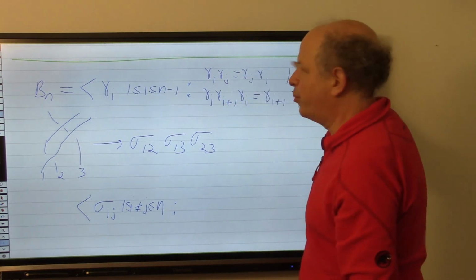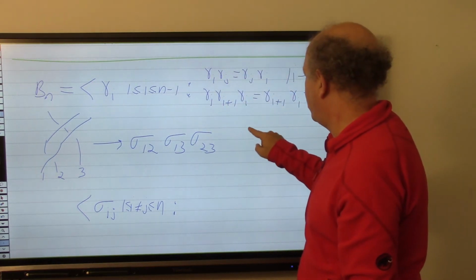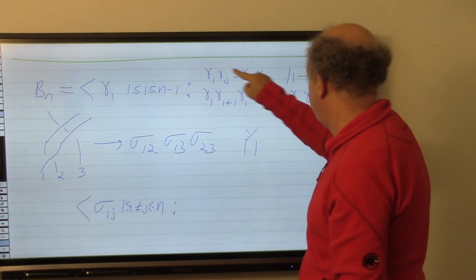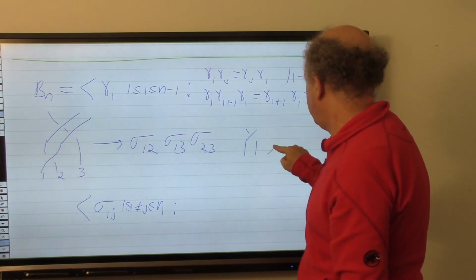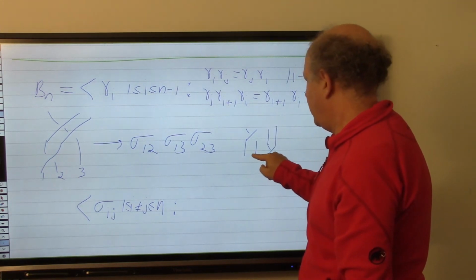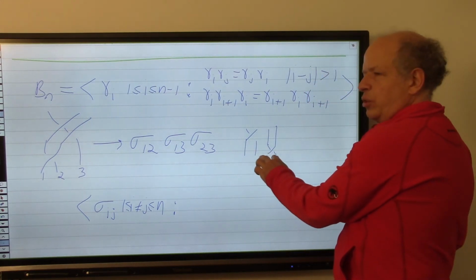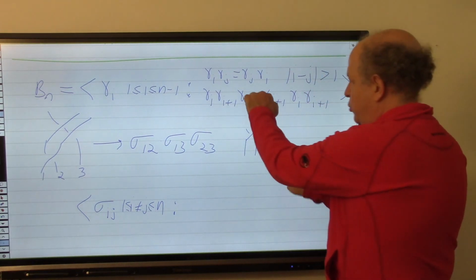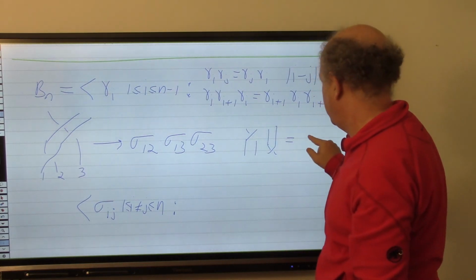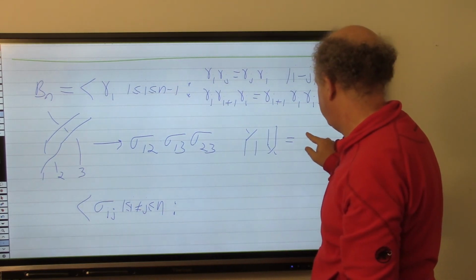So the top relation came from this relation here: if you have two crossings that are far away from each other, you can vertically switch their order. So this is equal to that.